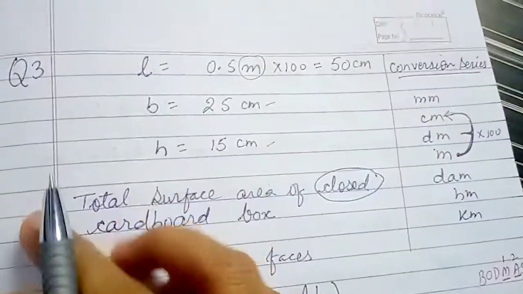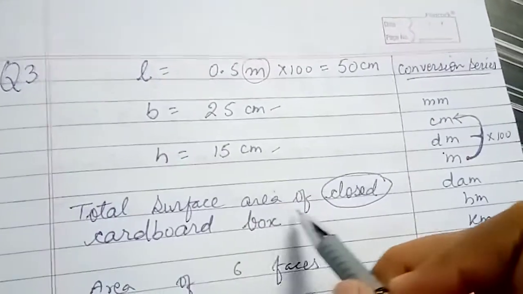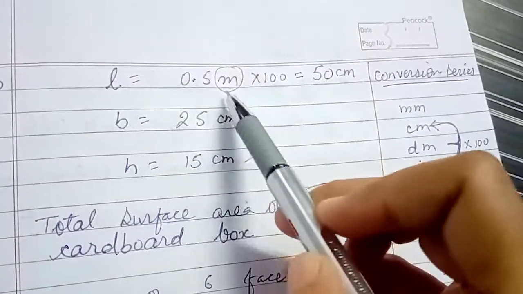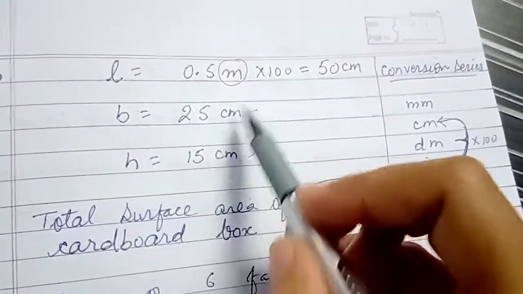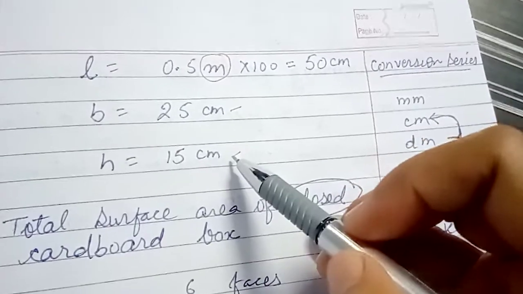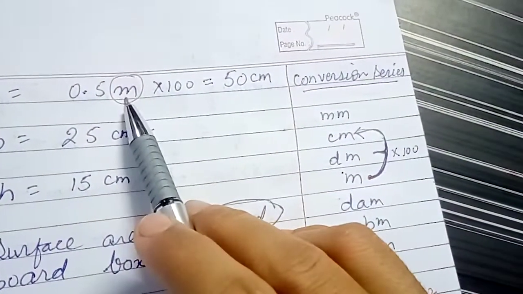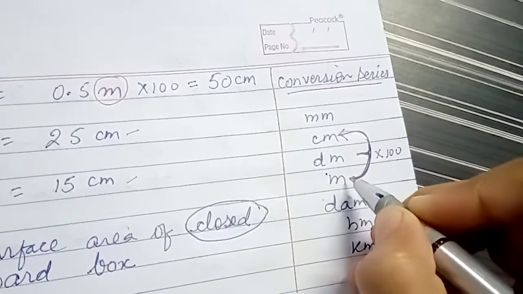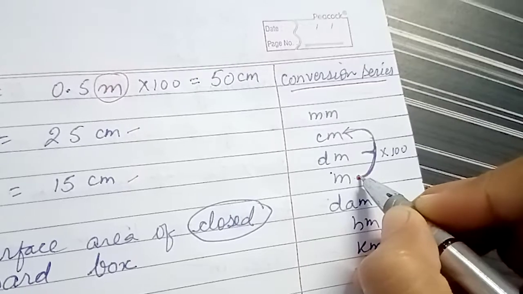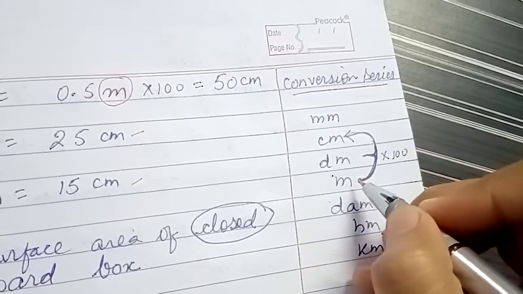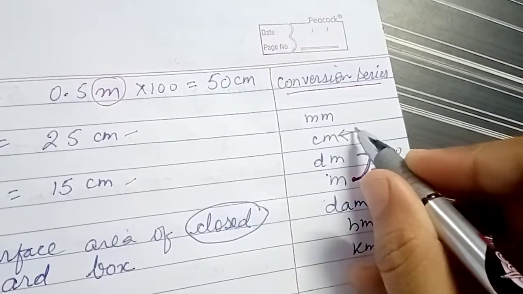Okay, then there is a question where length is given in meter but breadth and height are given in centimeter. So here you have to use this conversion series. This is given in meter, and you have to change it into centimeter, means you have to move 2 steps up.